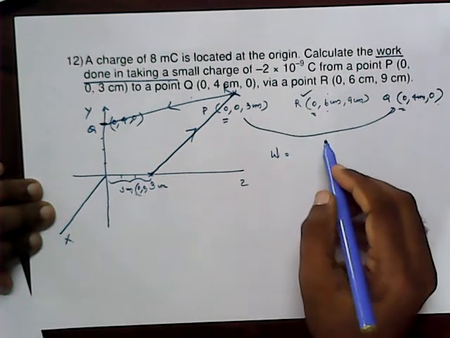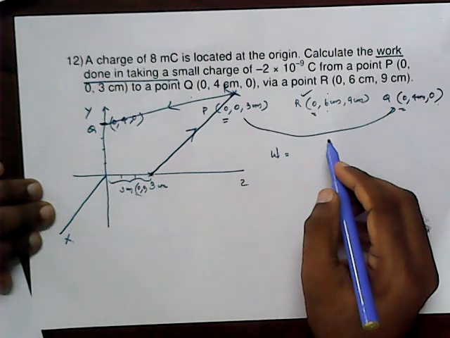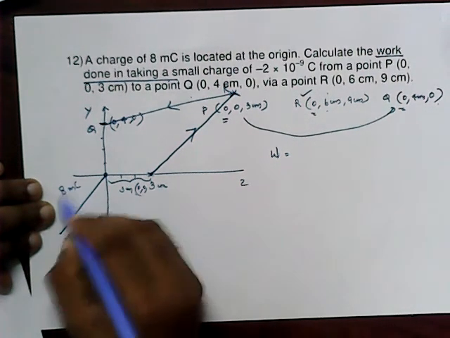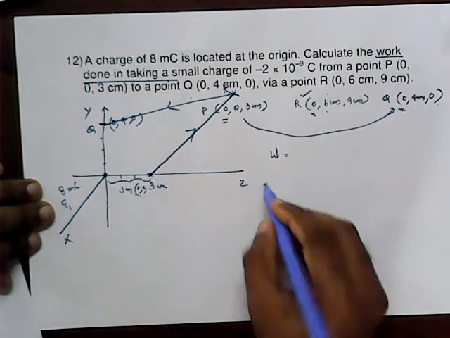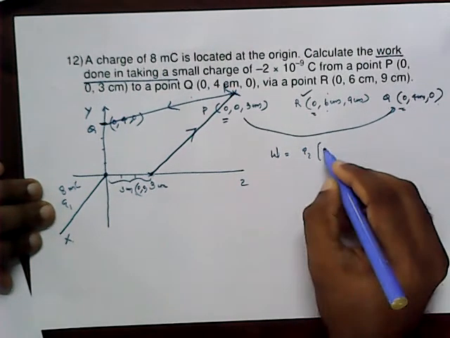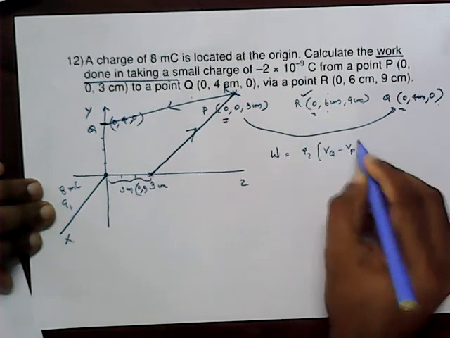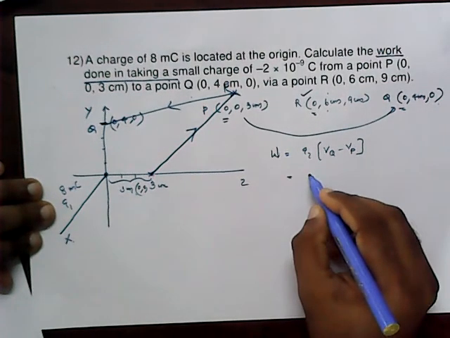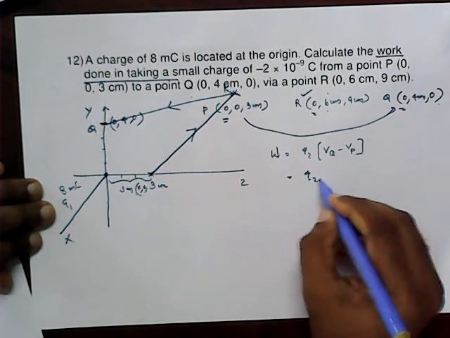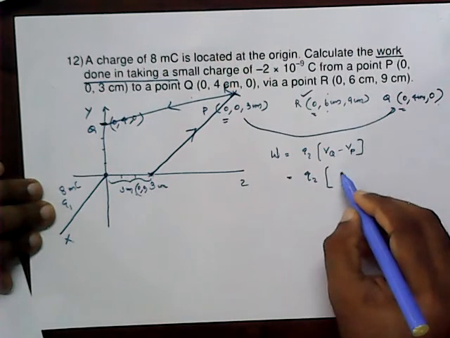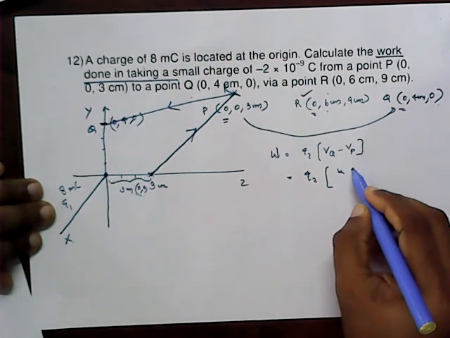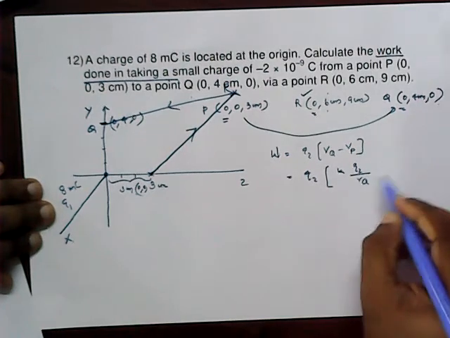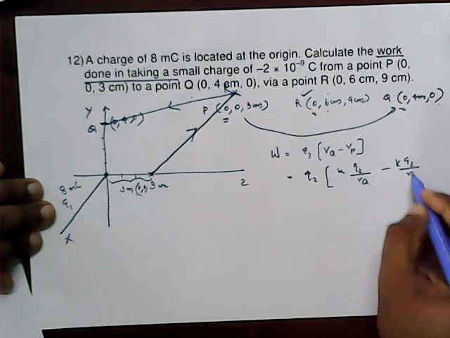It is equal to, suppose the charge Q2 moves. Here at the center, the 8 millicoulomb is there, which I take as Q1. Then Q2 is moving, so work is Q2 into the potential difference VQ minus VP. So that is equal to Q2 into what is VQ: 1 by 4 pi epsilon 0, the responsible charge Q1 divided by RQ, minus K into Q1 divided by RP.